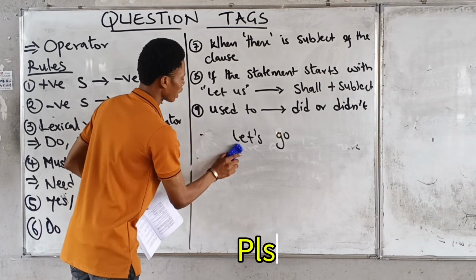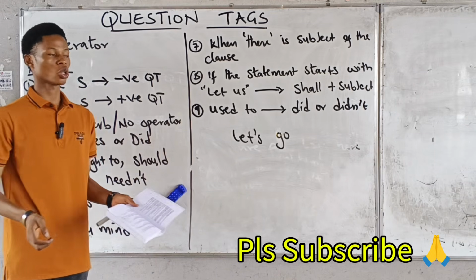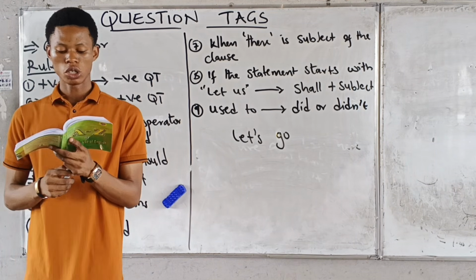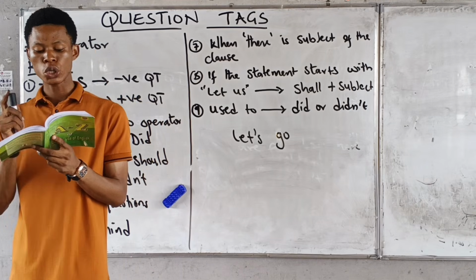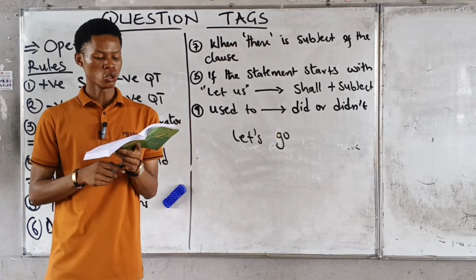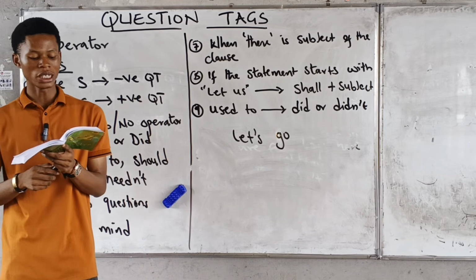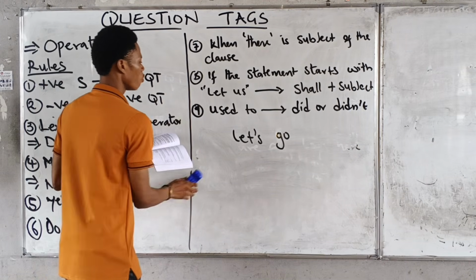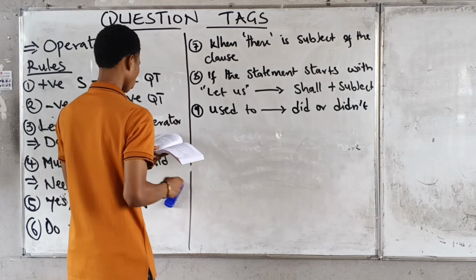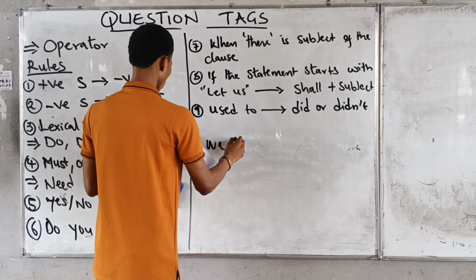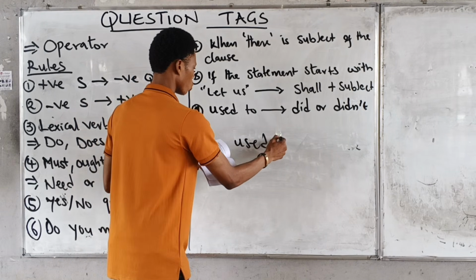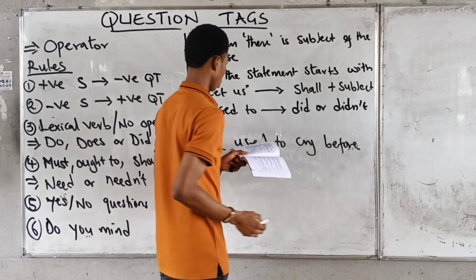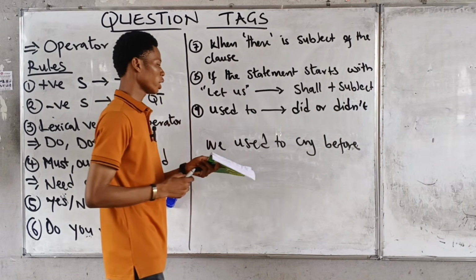All right, now the last one before we take past questions on this topic. Used to. If the statement involves used to, what should you use? Did or didn't should be used, right? Now, if we have something like this: we used to cry before.